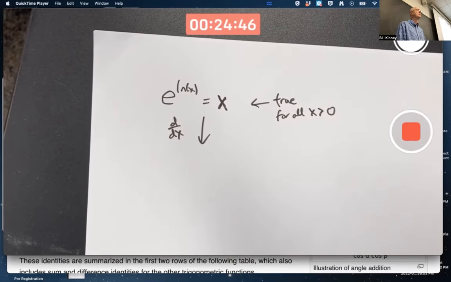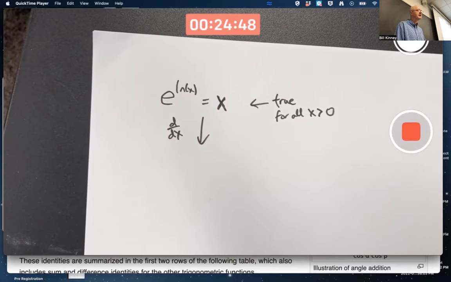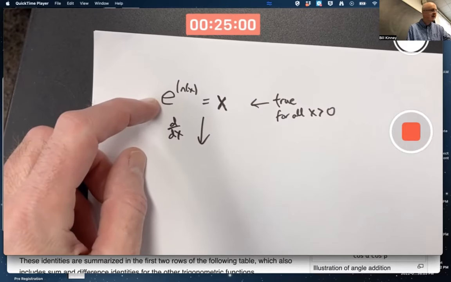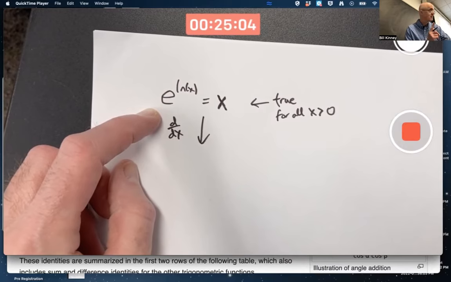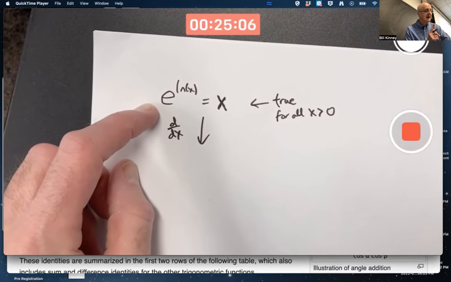I have to assume the natural log function is differentiable to even apply the chain rule here on the left side. Is this really going to be helpful? Because I don't know the answer yet. How could I apply the chain rule if I don't know what the answer is? We will see. It's kind of cool.